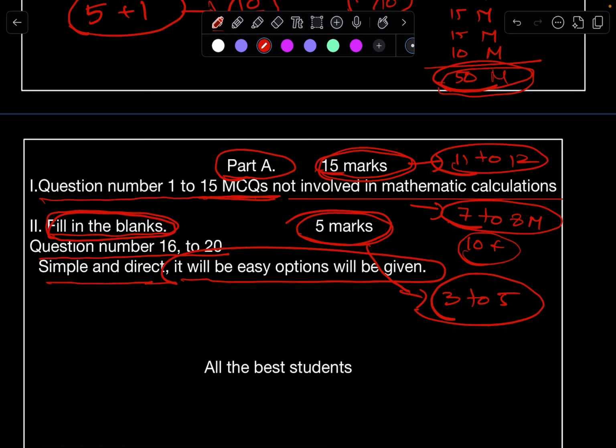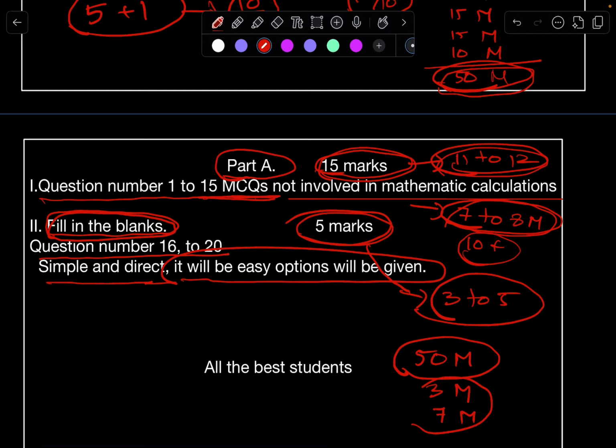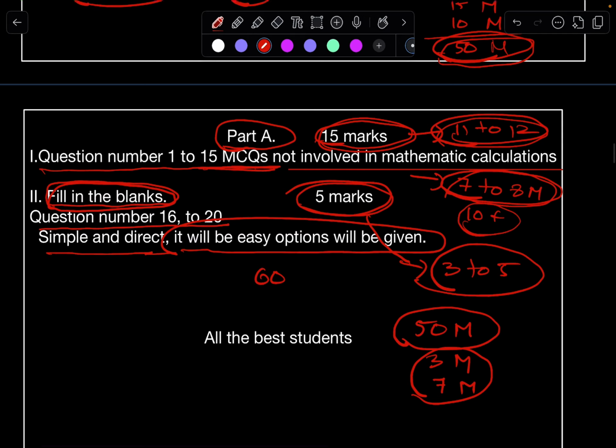So derivations and numericals, you can get 50 marks, and fill in the blanks, in the least case 3 marks, and multiple choice in the worst case 7 to 8 marks. So I'm mentioning here 7 marks. So 50 plus 10, you will get 60 out of 70.